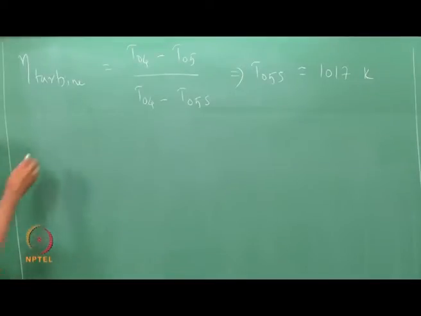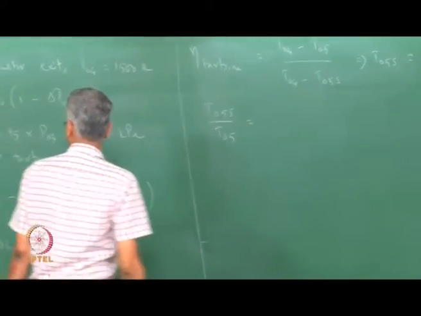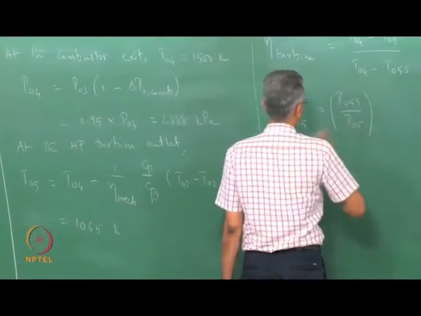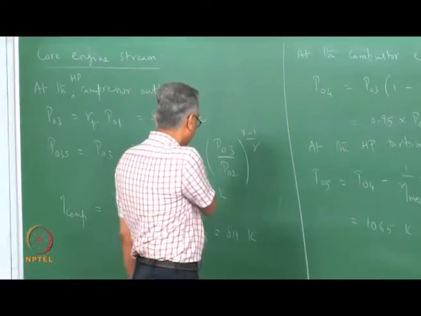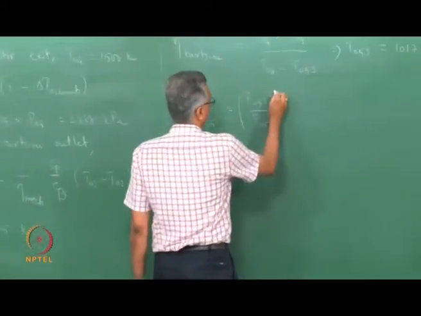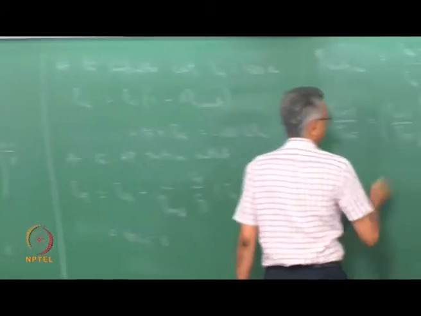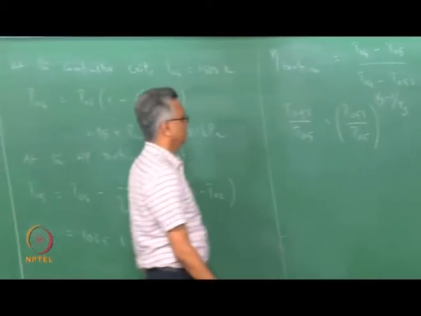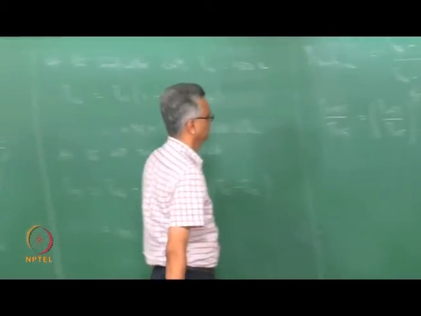So, if you remember, T05s divided by T05 is equal to P05s over P04 raised to the power gamma g minus 1 over gamma g.